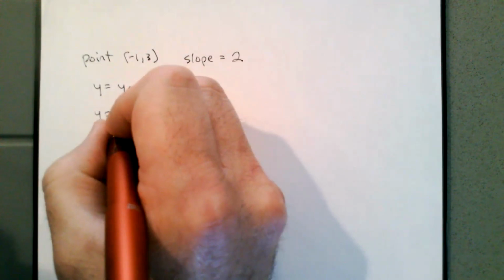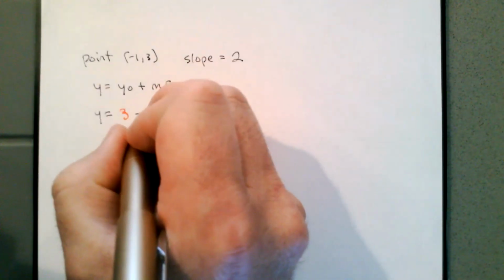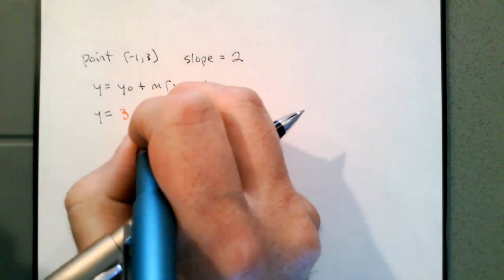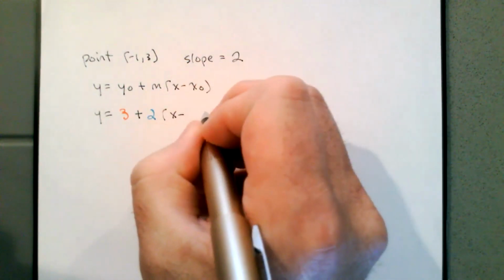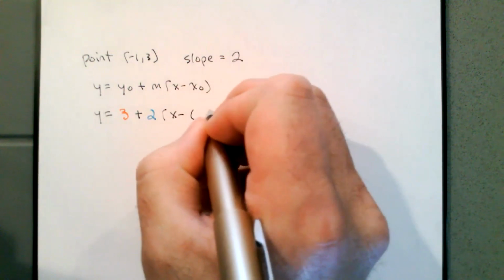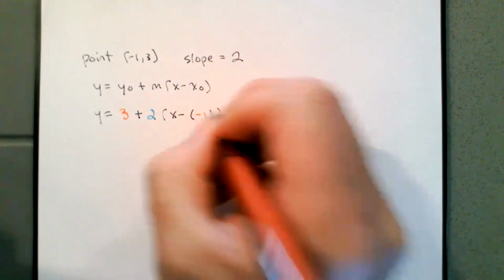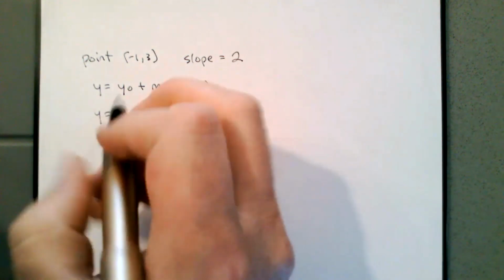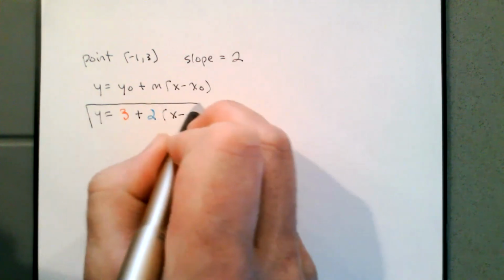So y0 is 3, plus the slope, which is 2, times x minus x naught, which is -1. So here's the equation of a line through the point -1, 3 with a slope of 2.